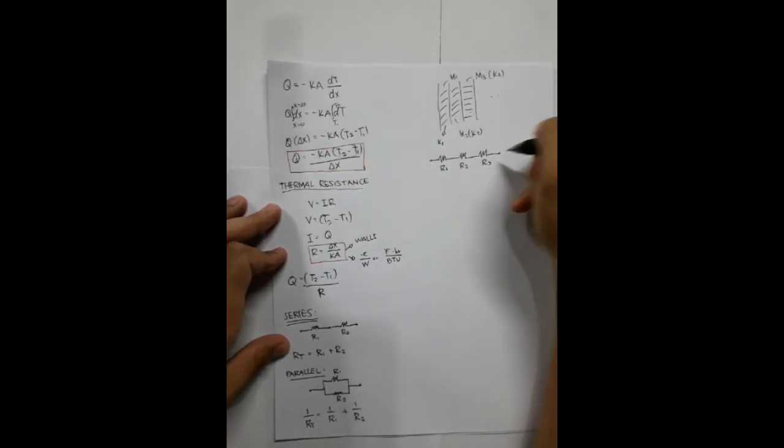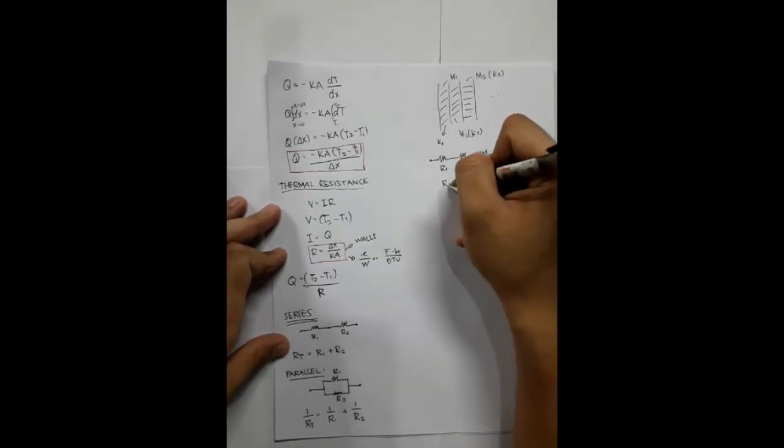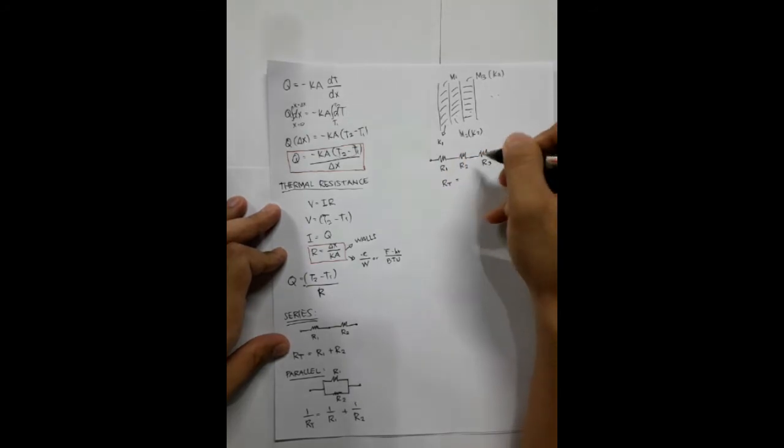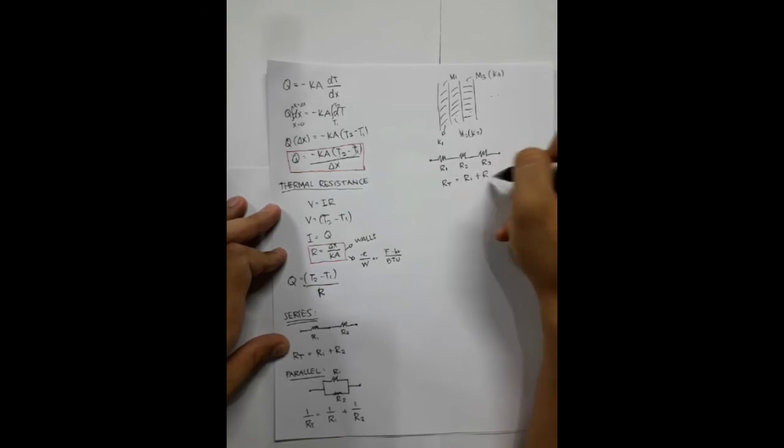So, paano natin kukunin ulit pag naka-series po ang thermal resistance? Just simply summation ng buong thermal resistance. R1 plus R2 plus R3. So, pagdating naman sa parallel, ganun lang din. Sakaling may nag-parallel dyan na insulator na nilagay mo or sa problem.